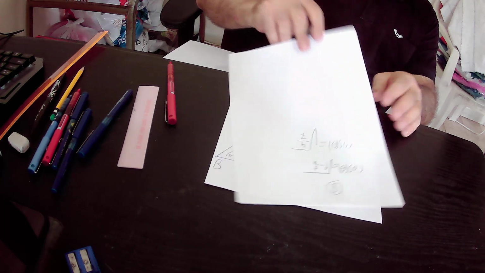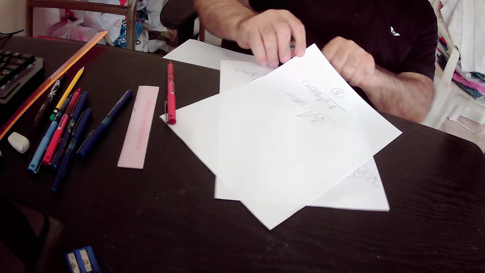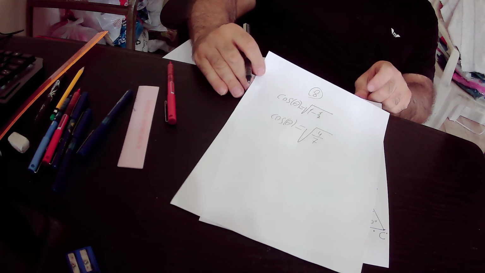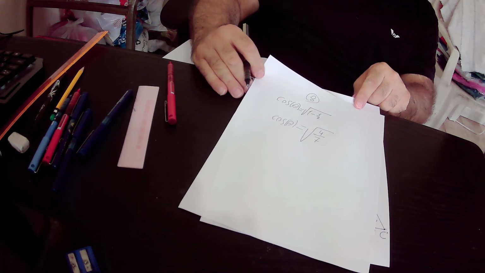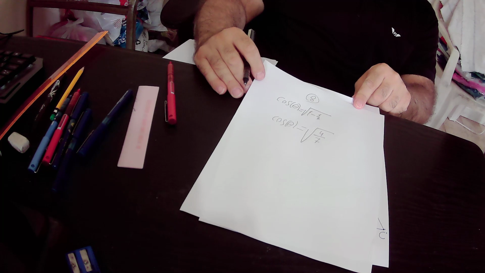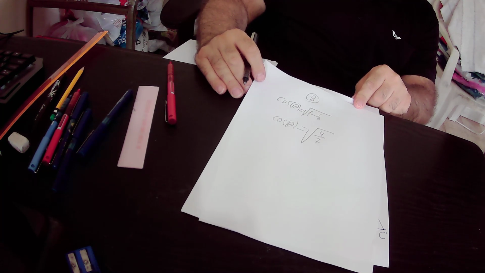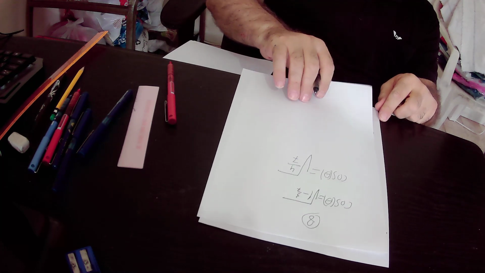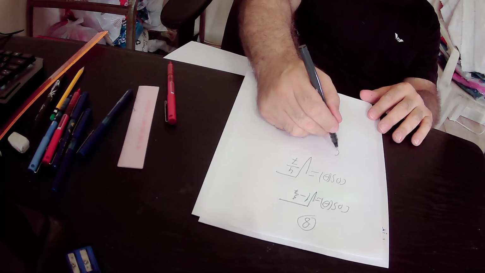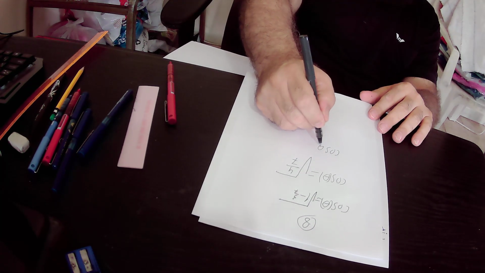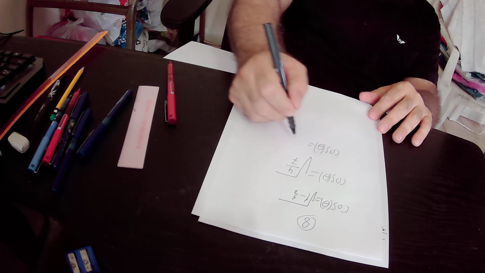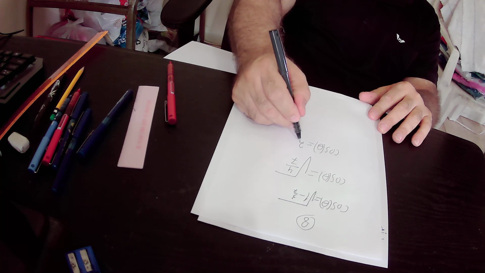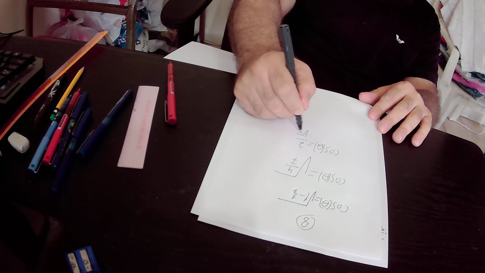Okay? Cosinus theta equals the root of 4 over 7. The root of 4 is 2, so I will write it down. So cosinus theta equals 2 over root 7.